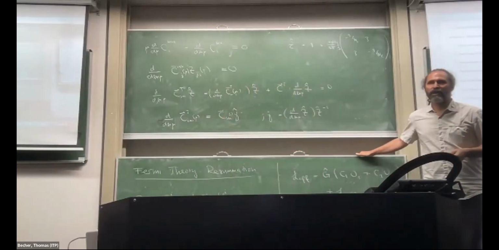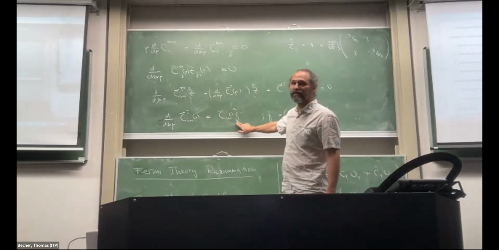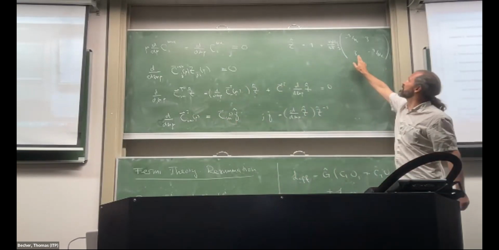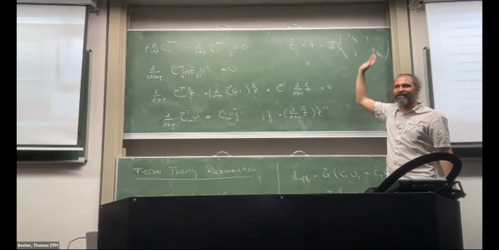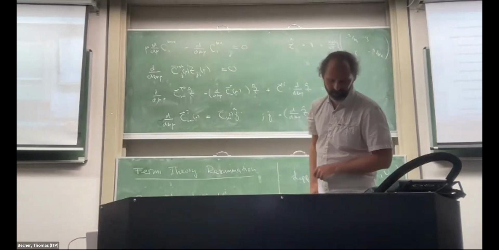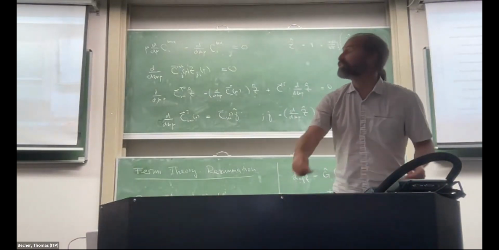And so now I have an equation that tells me the mu dependence. All I need is this anomalous dimension matrix. And this anomalous dimension matrix I can obtain by multiplying this times its inverse and taking derivatives. It turns out that there is a simple way of getting this anomalous dimension.